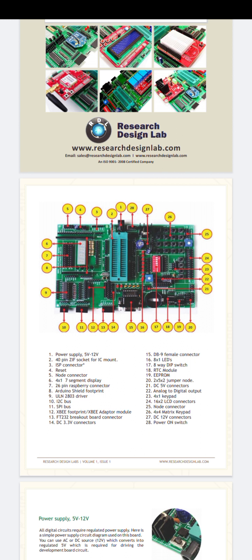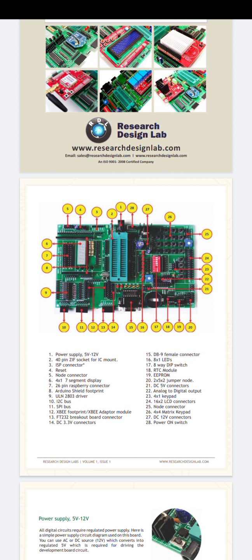Breakout board connectors, DC connectors, DB9 connectors, and LEDs are also used here. An 8-way DIP switch, an RTC module, which is the real-time clock, and EEPROM are also used. Jumper nodes, connectors, 5-volt connectors, keyboard and LCD interfacing, node connectors, a 4x4 keypad matrix, and DC 12-volt connectors.